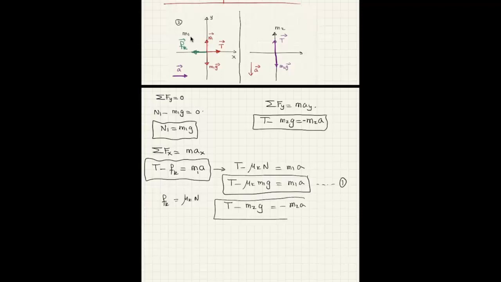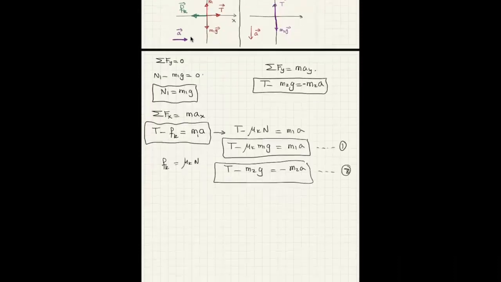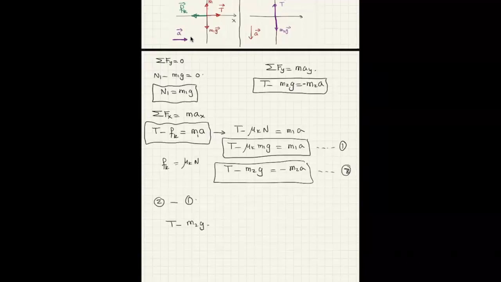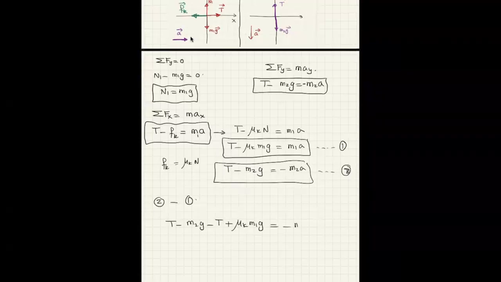Here, what I can do to get rid of T, because I have two unknowns, is to subtract. I can say 2 minus 1, then I'm gonna say T minus M2G minus T plus mu k M1G, and that is gonna be minus M2A minus M1A.